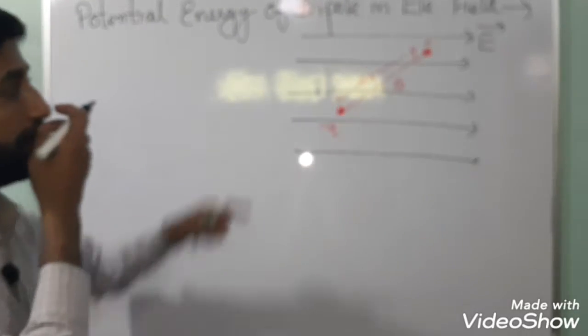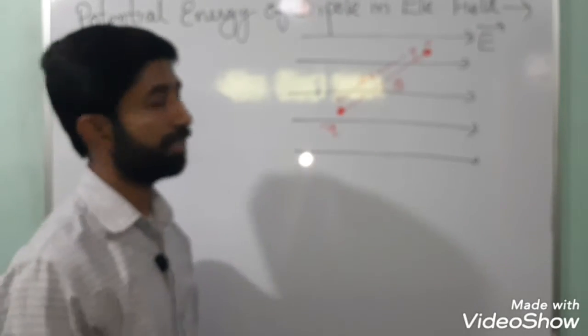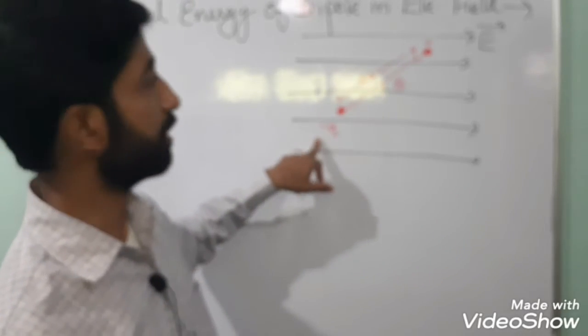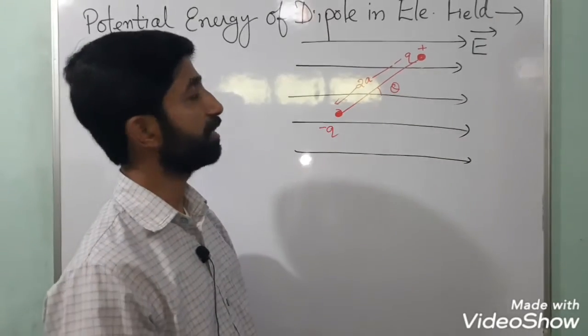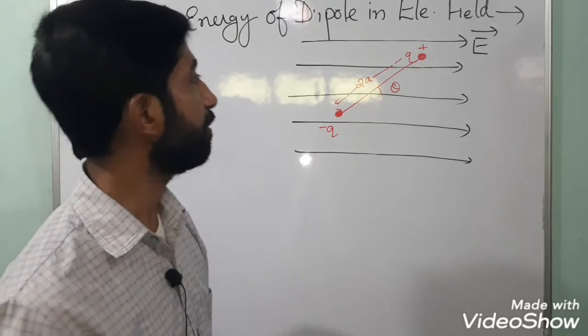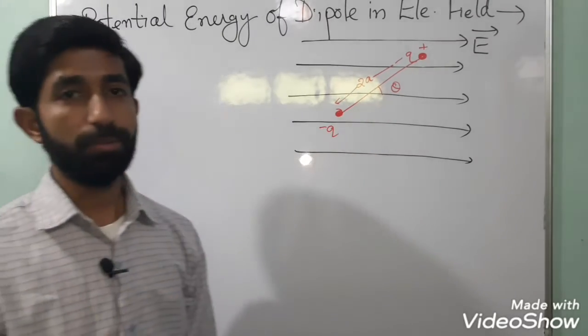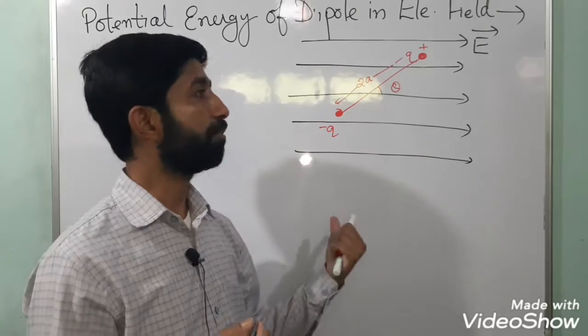Okay, so the figure shows we have an electric field uniformly distributed over this particular region, and a dipole, that is plus q and that is minus q, oriented at an angle theta. At this orientation, what is the torque acting on the dipole?